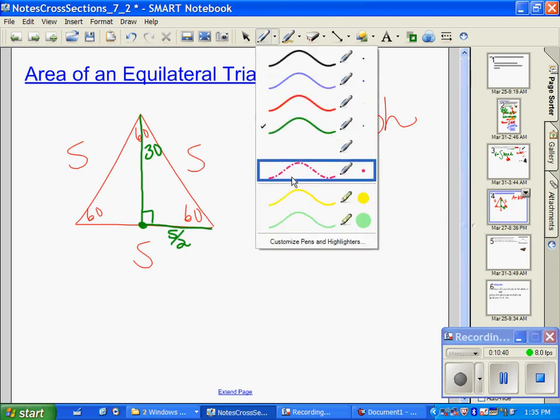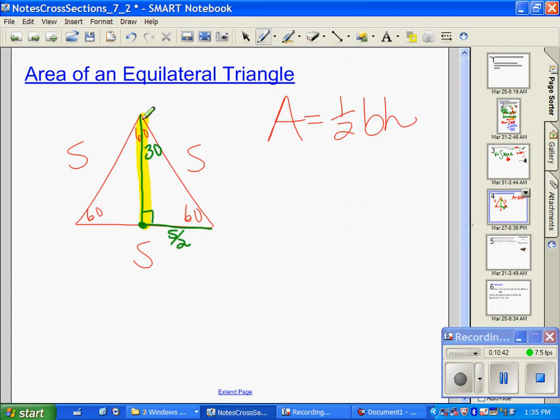And I want you for a second to think about what is the longest leg of a 30, 60, 90 triangle. Hopefully you told me you multiply the shortest leg by √3. So this yellow piece is going to be S over 2 times √3.